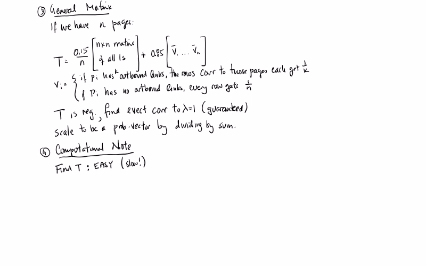Now, you don't need to prove that t has an eigenvalue of 1. That's not a problem, right? The fact that t has an eigenvalue of 1 is guaranteed.